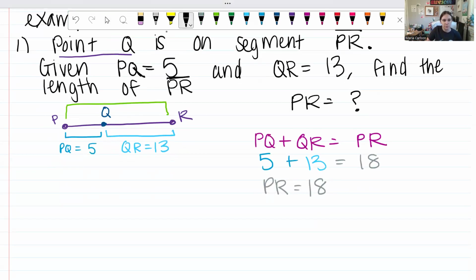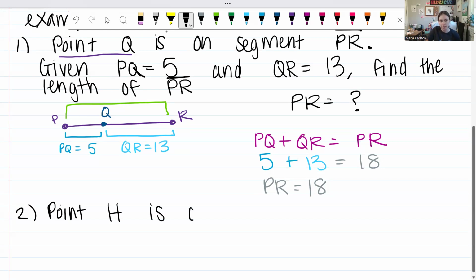Let's look at another example. Point H, excuse me, is on segment GI.